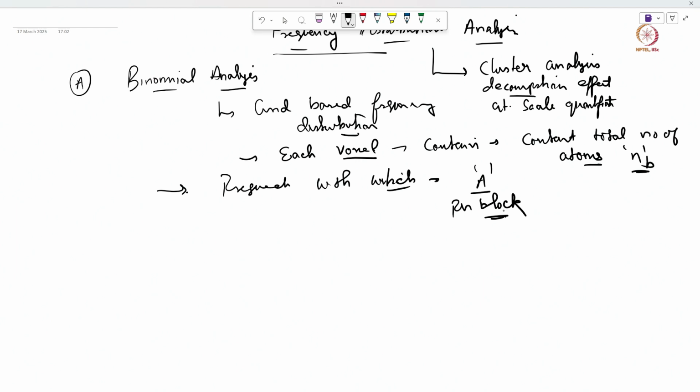Okay, and this is compared to the theoretical distribution of A atoms that are present by random in the system, randomly throughout the data set.